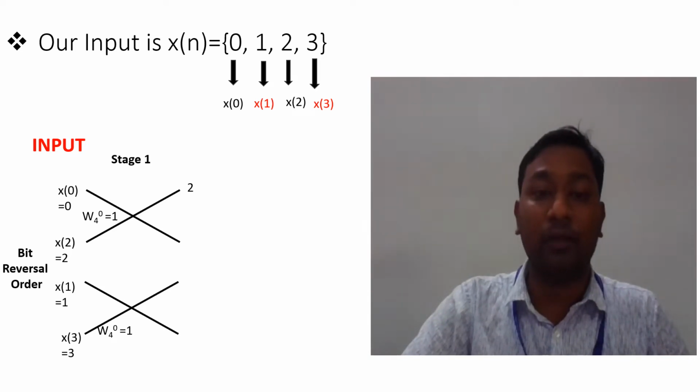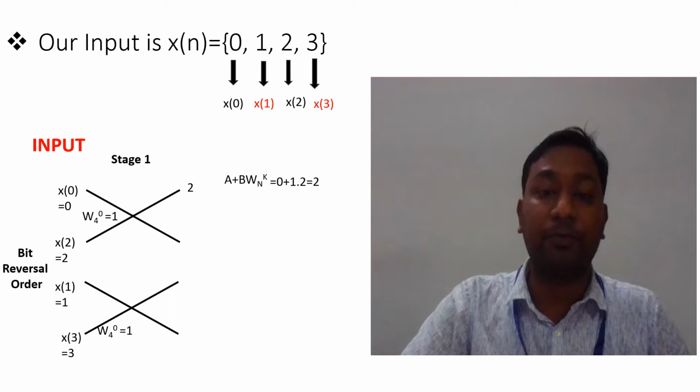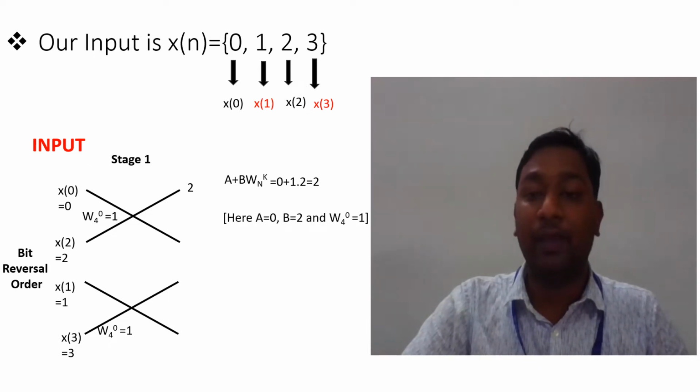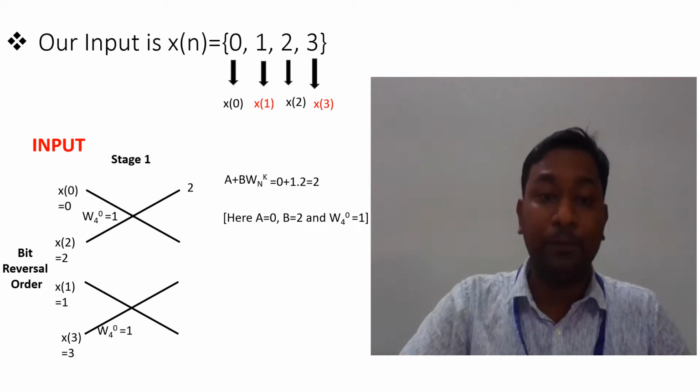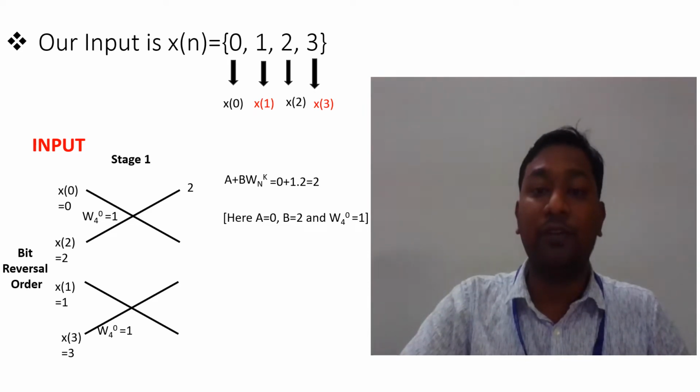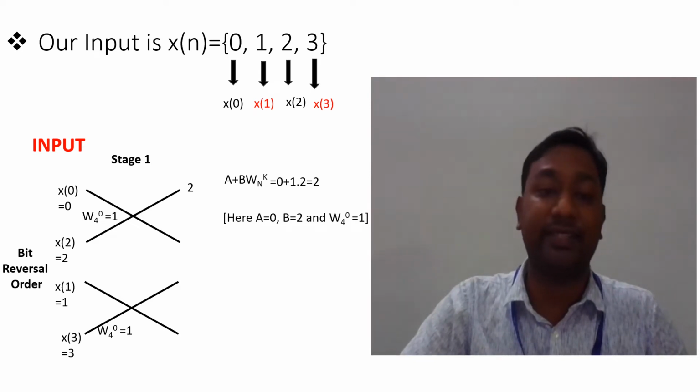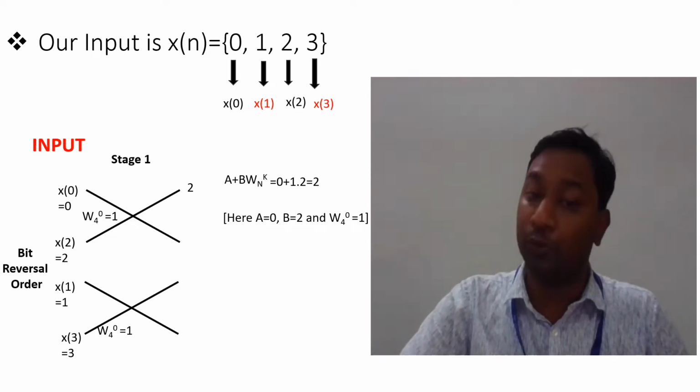Now let's solve the first butterfly. A value is x of 0, B value is x of 2, and omega 4 to the power 0 value is 1. So a plus b is just a simple addition, 0 plus 2 means 2.